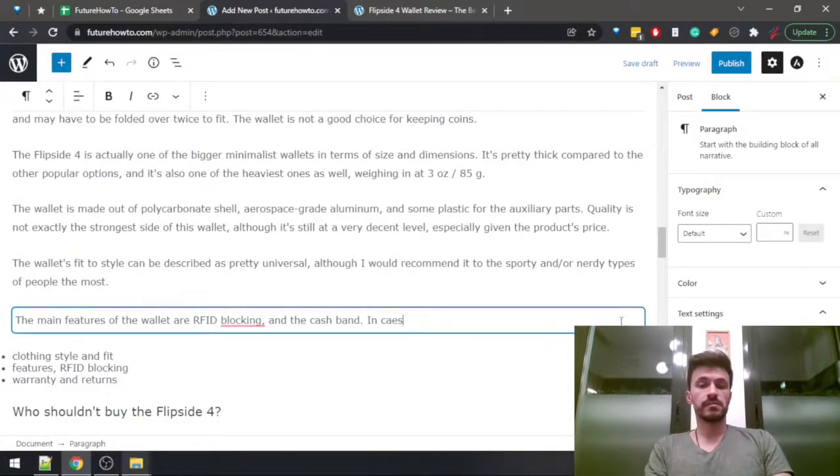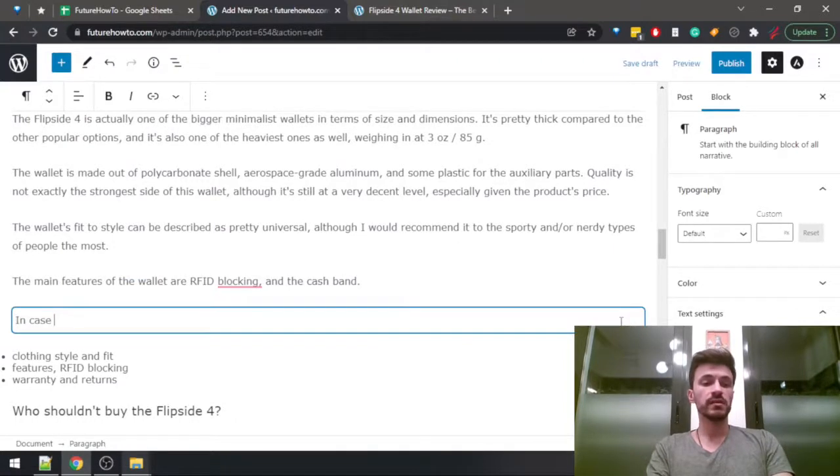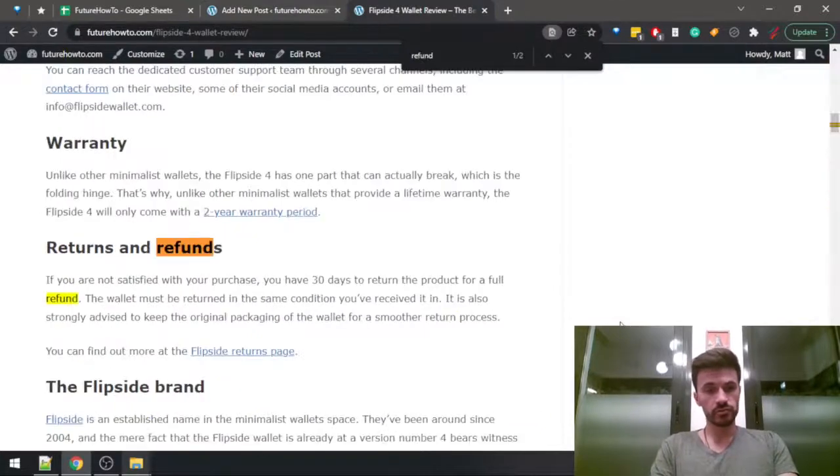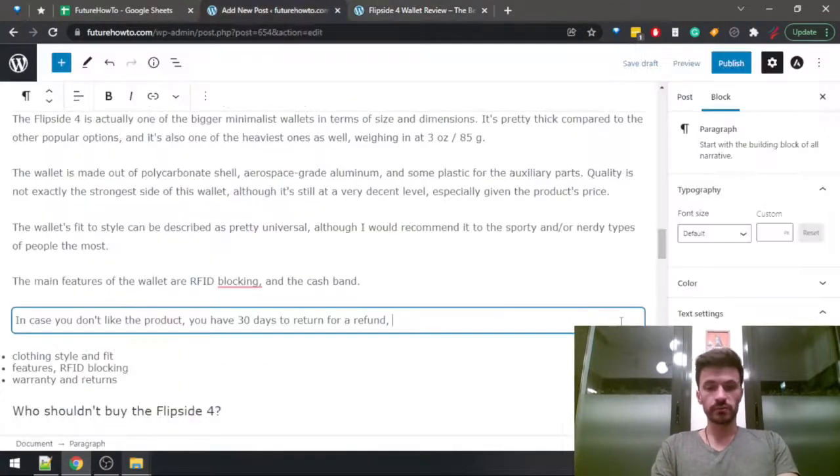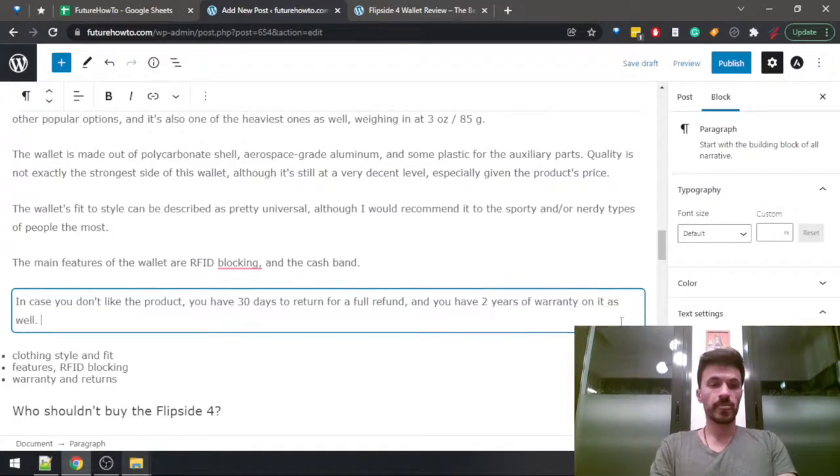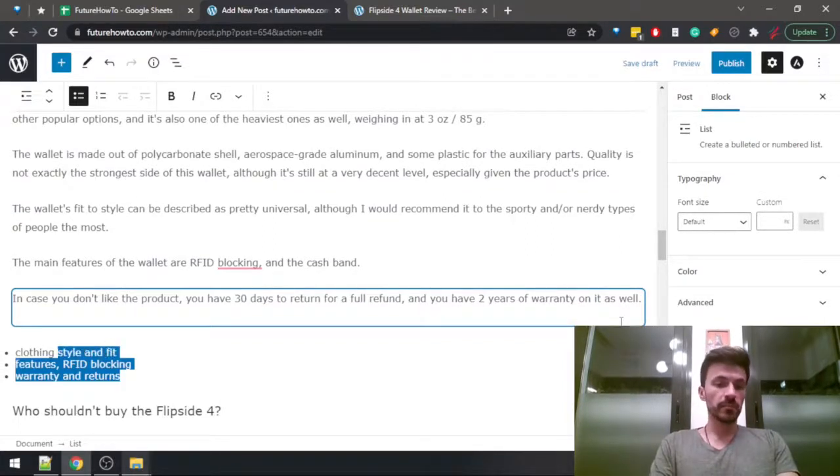In case you don't like the product, you have 30 days to return it for a full refund. I'm not exactly sure if it's a full refund. Okay, it's a full refund, and you have 2 years of warranty on it as well. There we go. The main part is done.